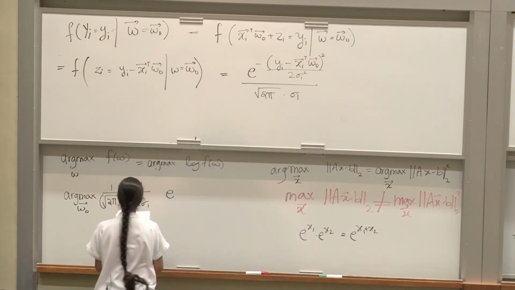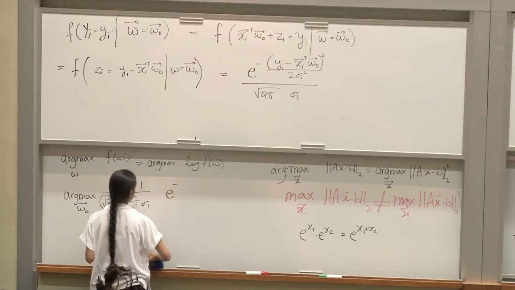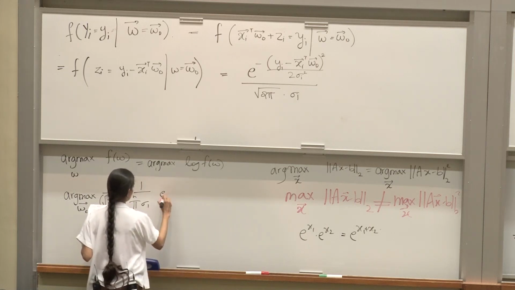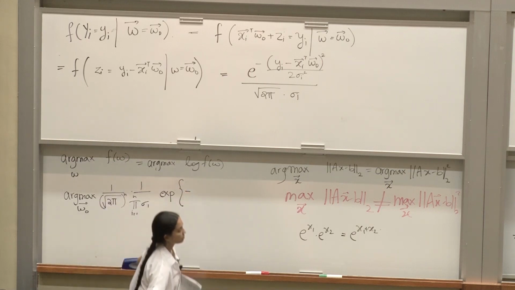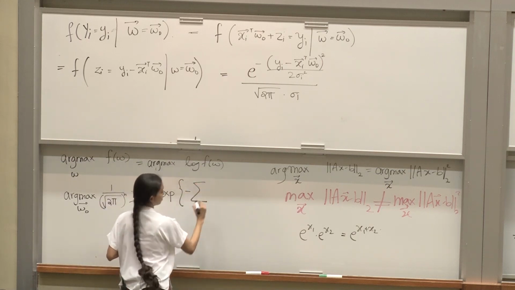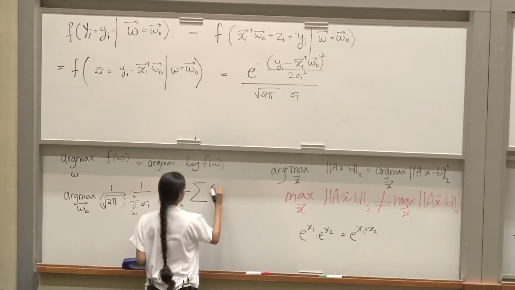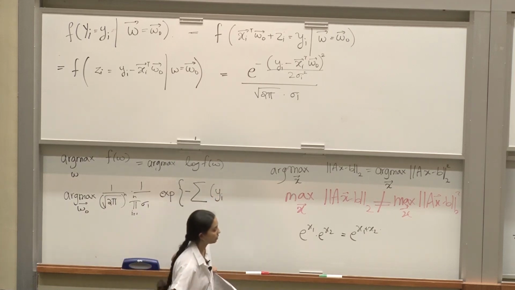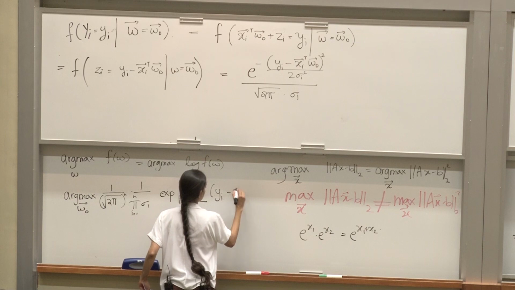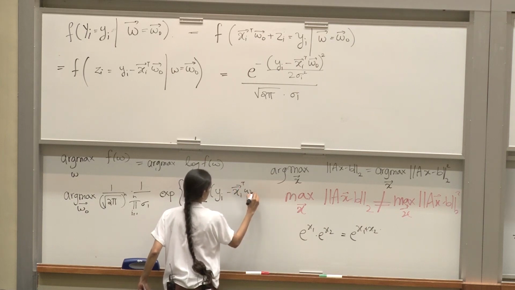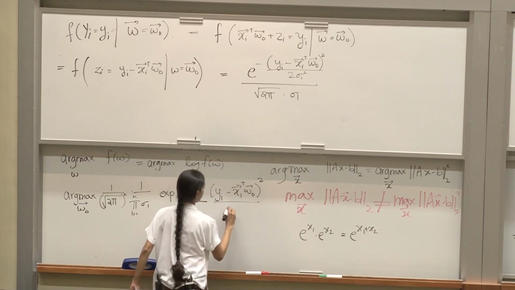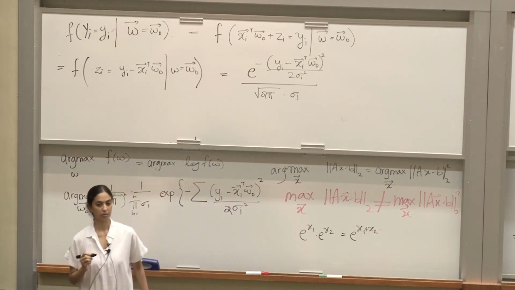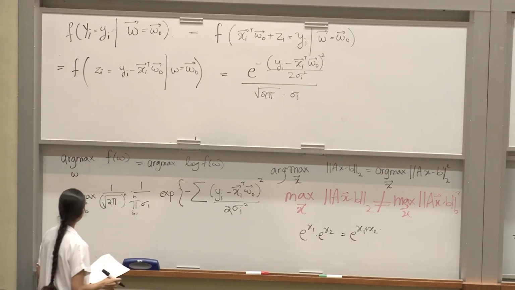So I can write that as the exponential of minus sigma, yi minus xi transpose w naught whole squared divided by 2 sigma i squared. Okay?